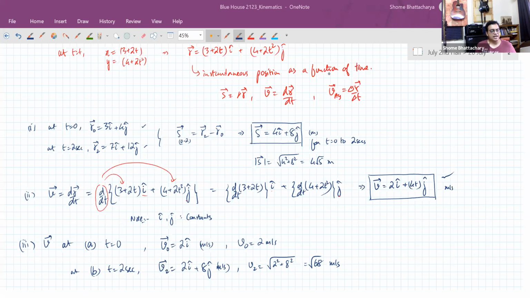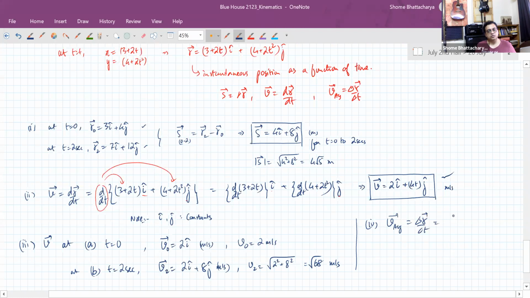So then we have to find the average velocity. So V average is defined as delta R by delta T, or the total displacement divided by the total time. Okay.